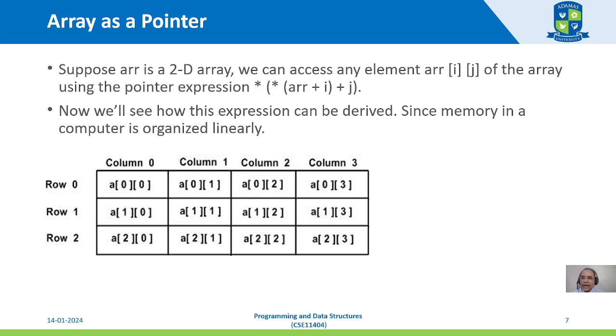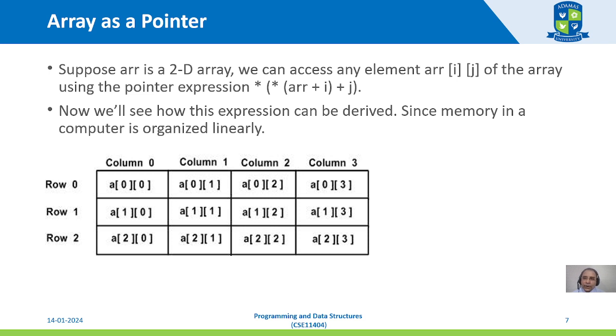Suppose ARR is a 2D array, we can access any element ARR ij, and we can do it by using a nested for loop, that is a for loop within a for loop. Here i represents the row and j represents the number of elements within the column in a single row.